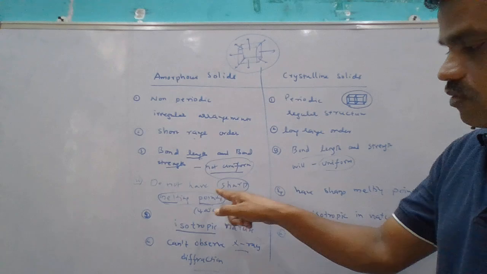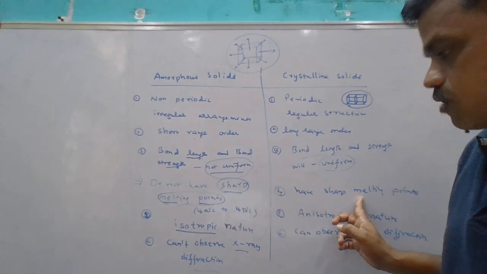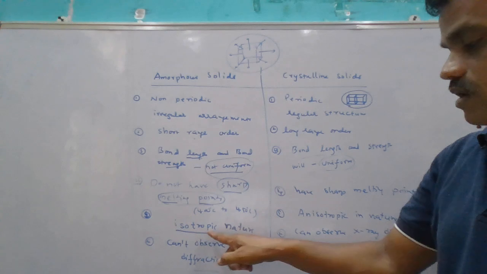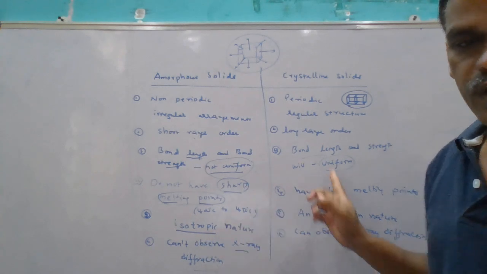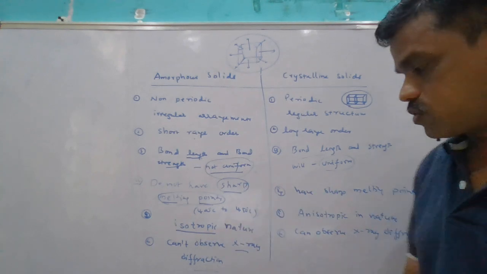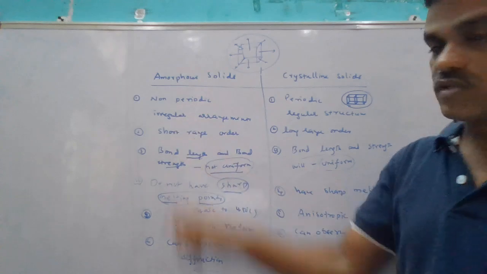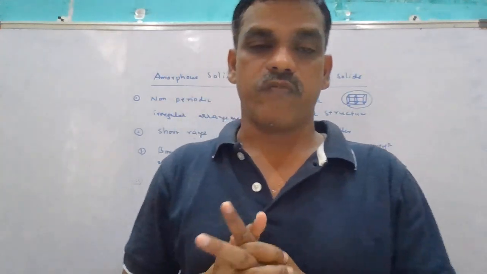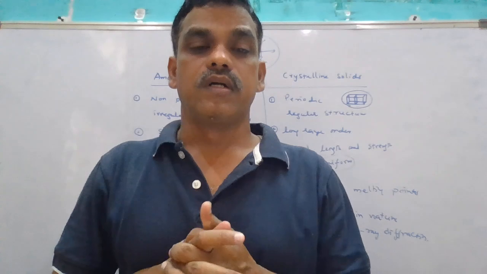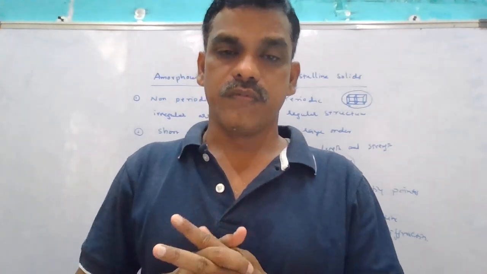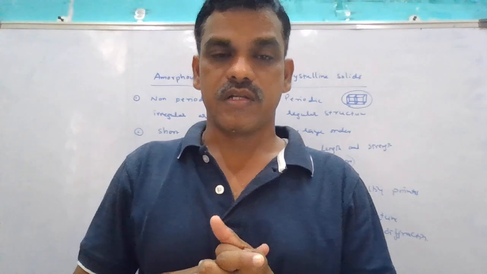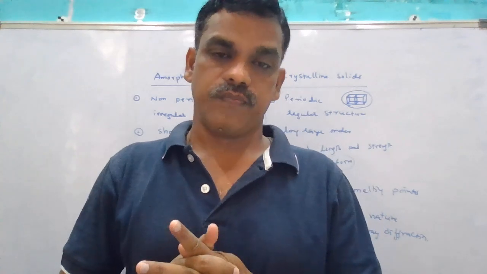Amorphous solids are isotropic in nature. Crystalline solids are anisotropic in nature. Amorphous solids can't observe X-ray diffraction, whereas crystalline solids observe X-ray diffraction. These are the main differences between amorphous solids and crystalline solids.